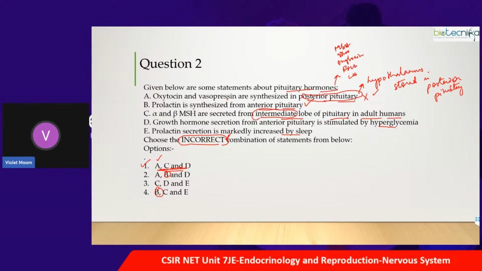When we studied this part, we discussed where it is synthesized. It is definitely synthesized from the anterior pituitary. The intermediate lobe is present only during development. You will not see this intermediate lobe in adult humans. This is why this statement is incorrect.